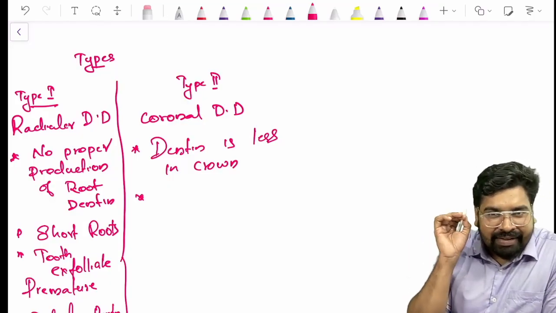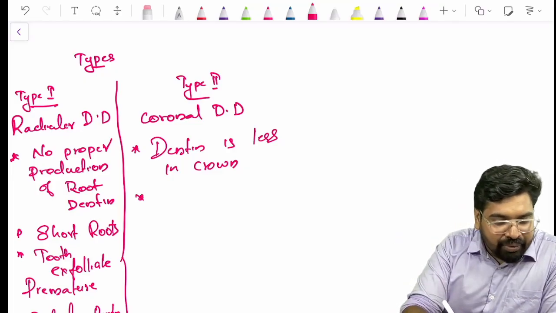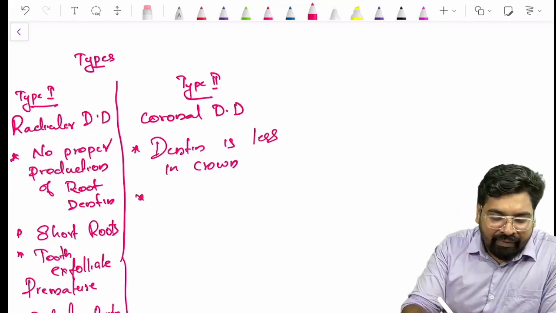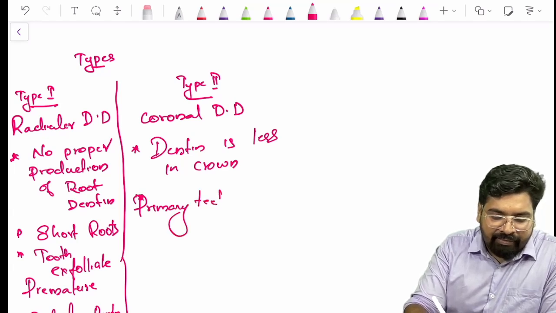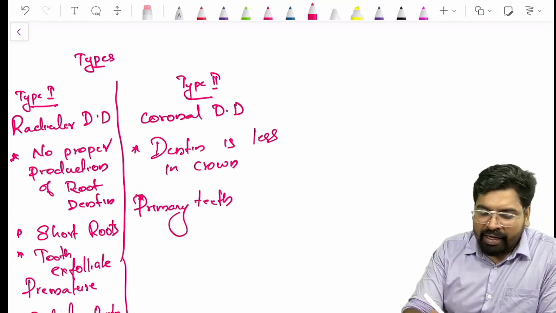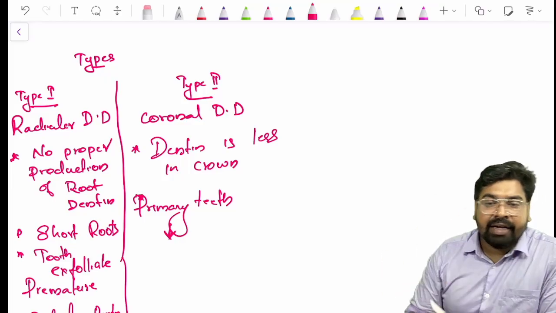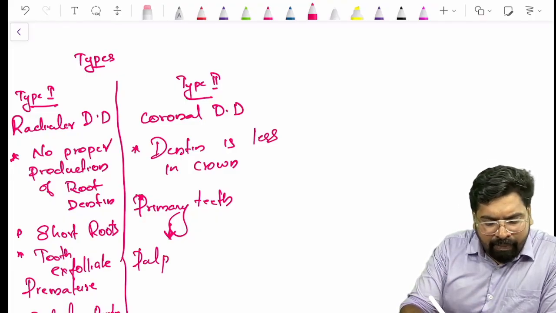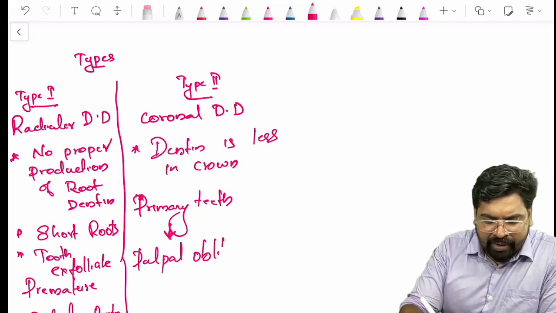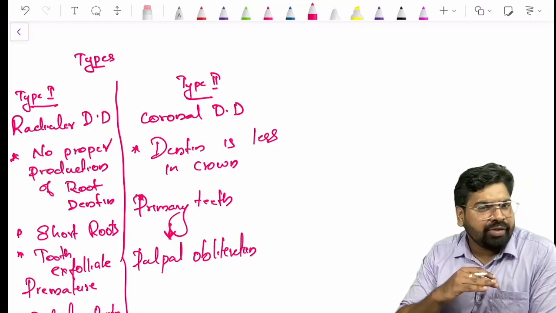Now there is a key thing you should remember here. In type 2 dentin dysplasia, when it comes to the primary teeth, it is just like your dentinogenesis imperfecta type 1. Here the pulpal obliteration is happening, just similar to dentinogenesis imperfecta.